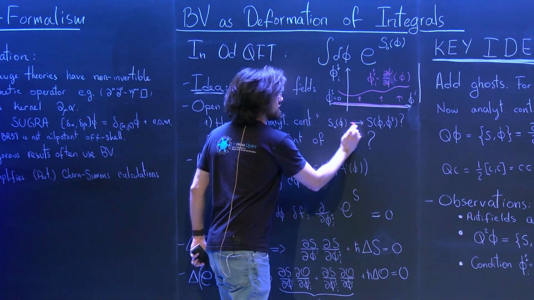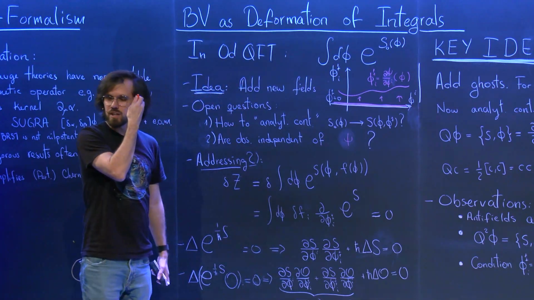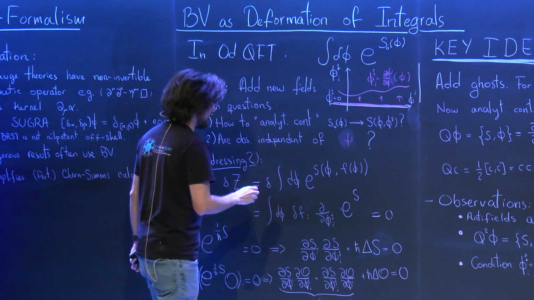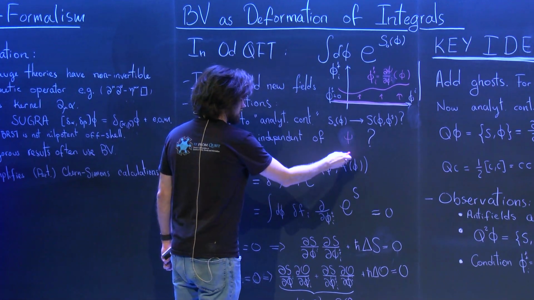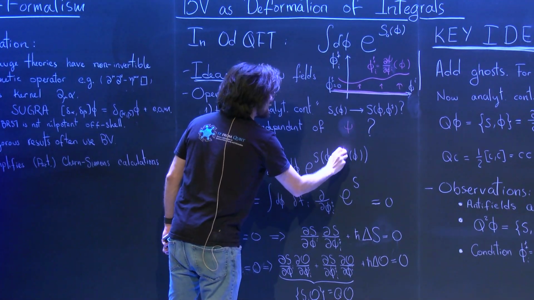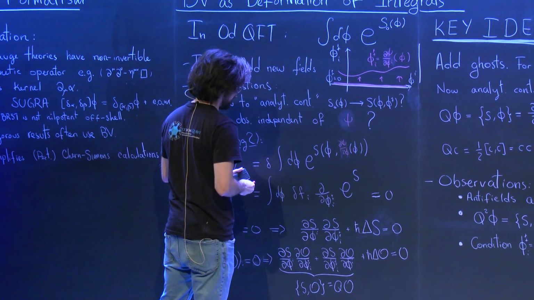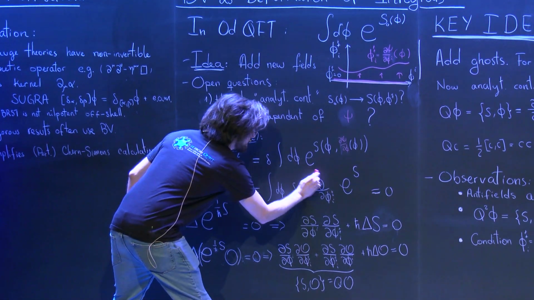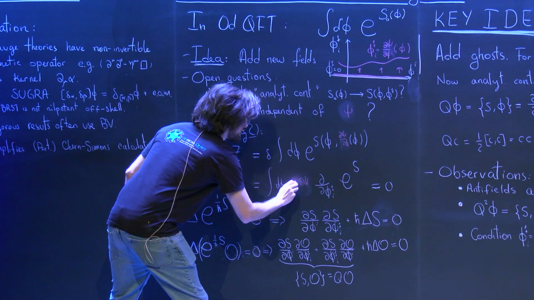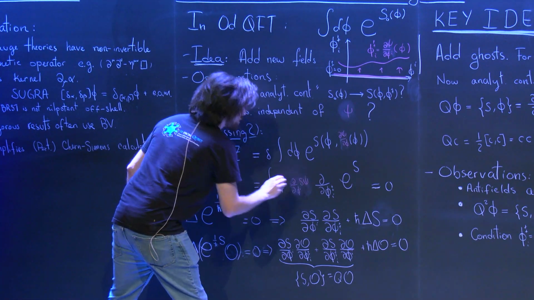So now we have to make our theory, or rather, our observables independent of the function psi we use. And in this case, what we get is that still we need to take this variation. But now we will find a variation of psi, taking a derivative with respect to our fields.